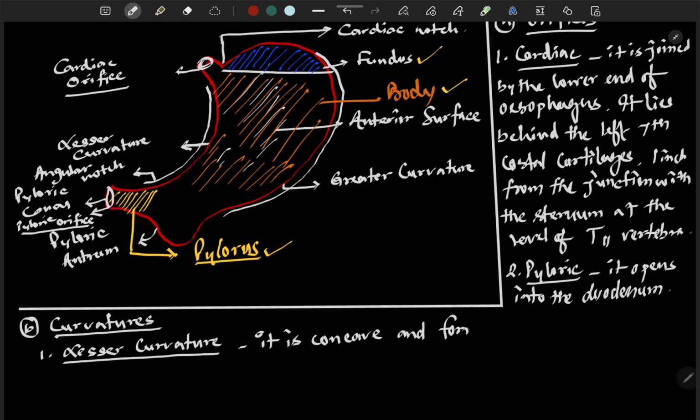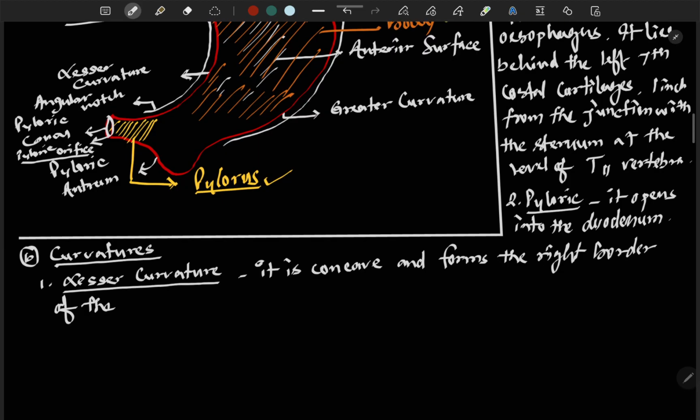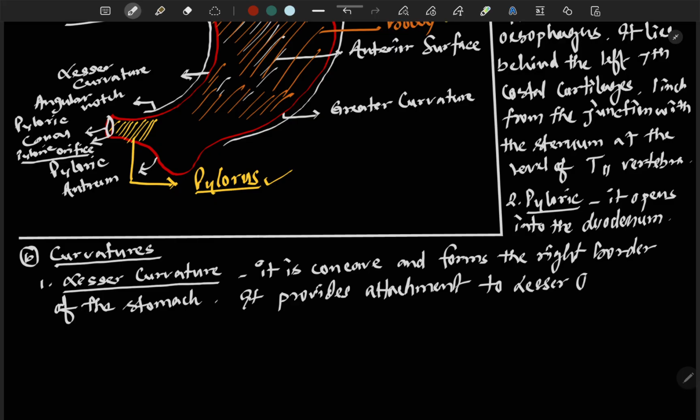Okay. And it forms the right border of the stomach. It provides attachment to the lesser omentum.